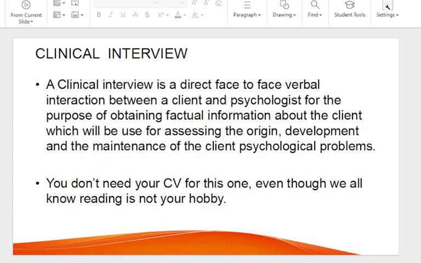Now, a clinical interview is a direct face-to-face verbal interaction between a client and a psychologist with the main purpose of obtaining information about the client, which will be used in assessing the origin, the development, and the maintenance of their psychological problems. So you are trying to determine when did it all begin, the origin, how fast or how slow it is growing, the rate of development, and then what are the methods or initiatives placed towards maintaining this problem.